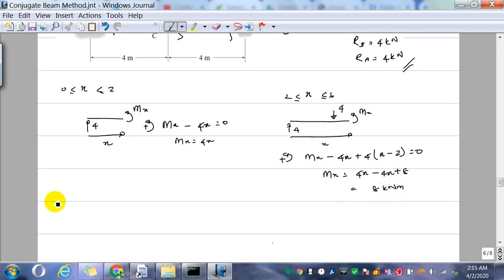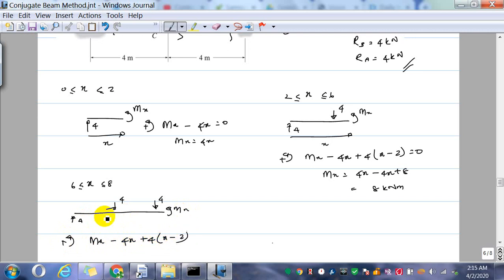So then if you consider x greater than 6, less than 8, then you have 4, you have the other 4, you have another 4. So here is the typical section where you have Mx. So counterclockwise positive, so Mx minus 4x plus 4 into (x minus 2), so this is 2, this is x, and this is 4.